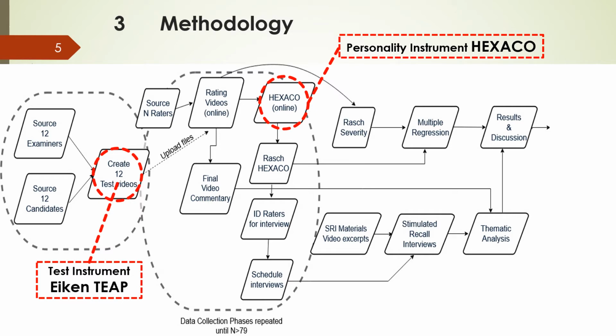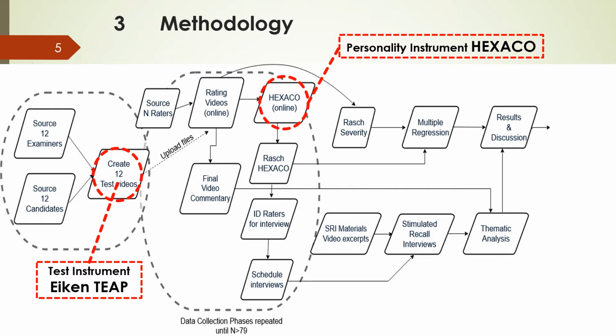Rasch analysis was used to generate interval scale measures of rater severity, and that was based on their scores from the videos and the 3 personality factors under investigation. And this data was then fed into a hierarchical multiple regression.